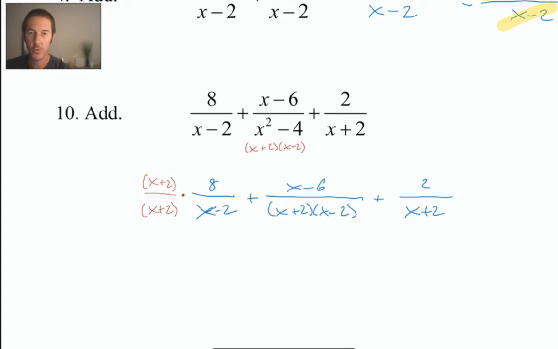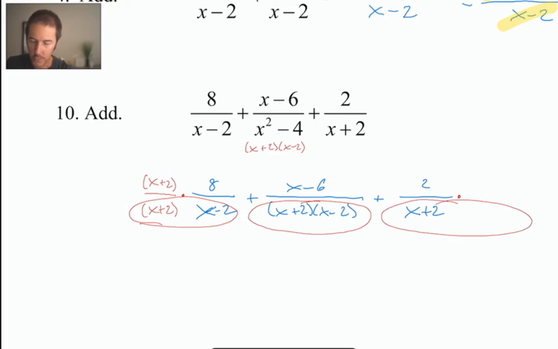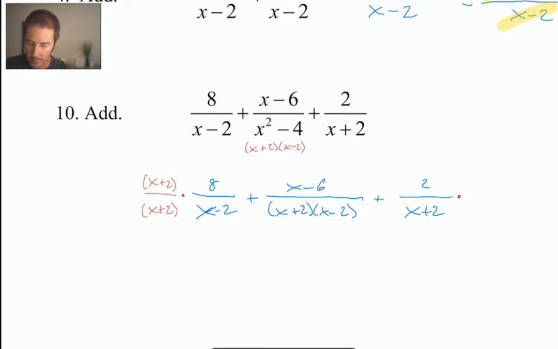Now let's move over to our third denominator of x plus 2. That denominator also needs to have a factor of x minus 2. This denominator now has an x plus 2 and an x minus 2. This denominator has one of each. We want this denominator to have one of each. So let's hook it up. We're feeling generous, and so we give it a multiple of x minus 2.